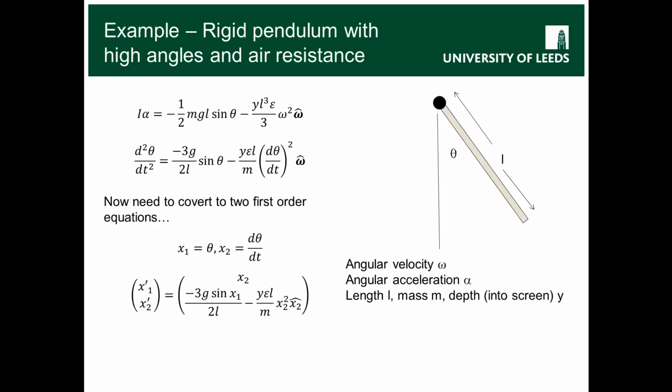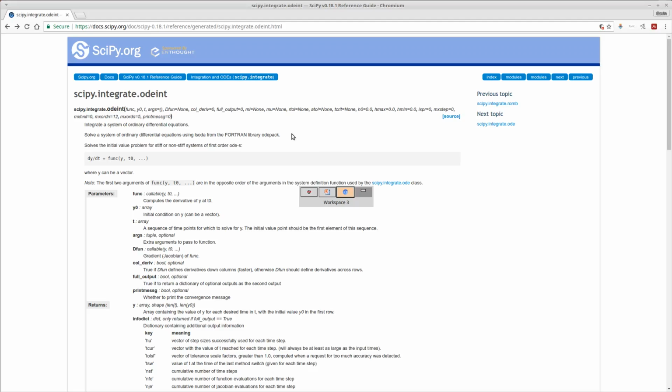What we're going to do then is try to get solutions for x1 and x2 as a function of time. To do that, we're going to make use of the odeint function that's in scipy.integrate. As you see from its help page in the SciPy documentation, it's a fairly intimidating looking function. But as we're going to see, it's actually not too bad to use.